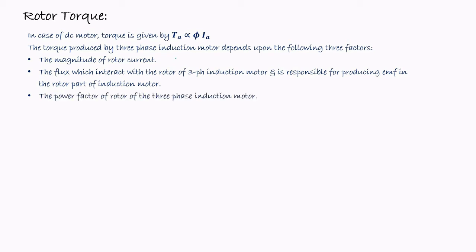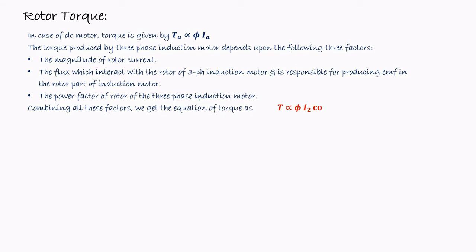And the power factor of the rotor, because in case of DC there is no concept of power factor, but in case of an AC machine, the current flowing through the rotor circuit will have some power factor in the rotor winding. Therefore, the torque will also depend upon the power factor, which is part of the rotor circuit.